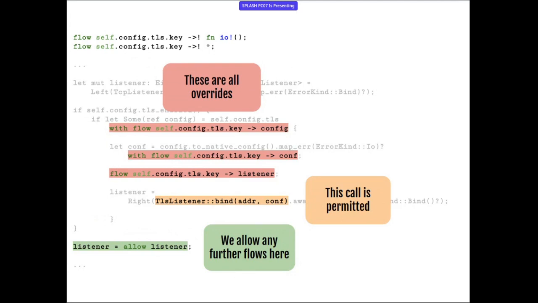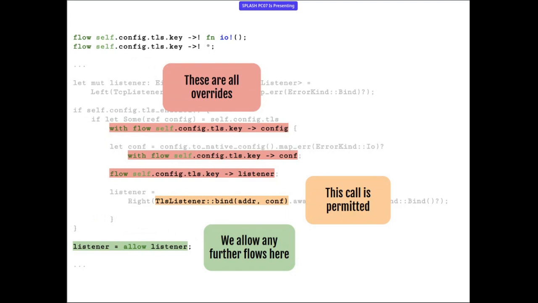What allow does is it takes an expression, evaluates it, and returns the value, but without any of the dependencies that the IFC system is tracking on that value. So essentially, allow is a way to coerce the IFC system into saying, okay, you know what you're doing. I'm hands off here. There's some architectural thing going on here that I can't reason about. Go ahead, do what you want.